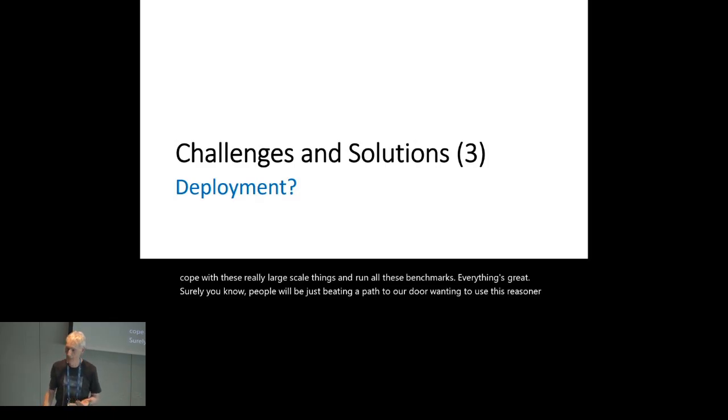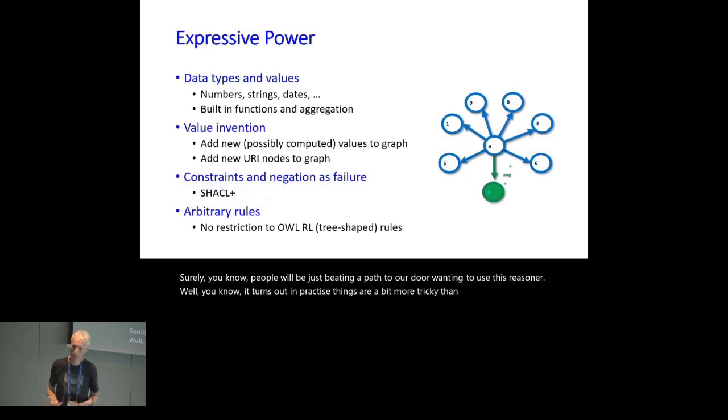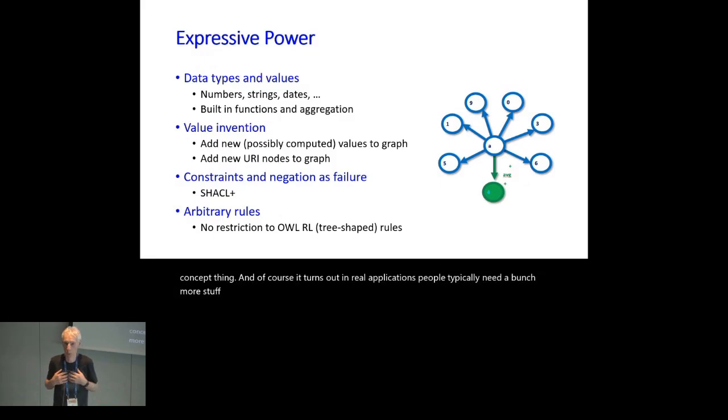Well, it turns out in practice, things are a bit more tricky than that. So typically when we build these things in research, we just do the minimal proof of concept thing. And of course, it turns out in real applications, people typically need a bunch more stuff. Often what for us were the least interesting things, but for them are the most important things.